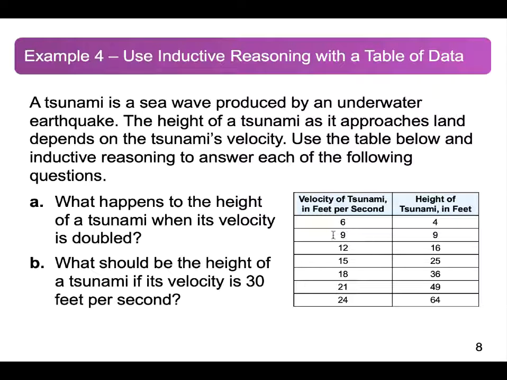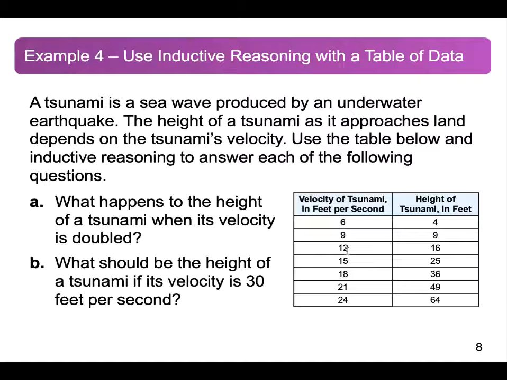Here, when the velocity is 9, I have 9. When the velocity is 18, I get 36. So here, I'm seeing that it's increasing by multiplying by 4, which is exactly like one of the things I thought could be happening when I went from 6 to 12. Let's look for one more specific example to make this inductive reasoning conclusion stronger.